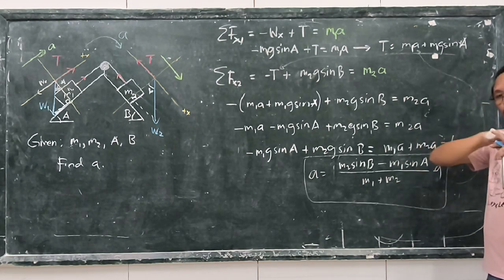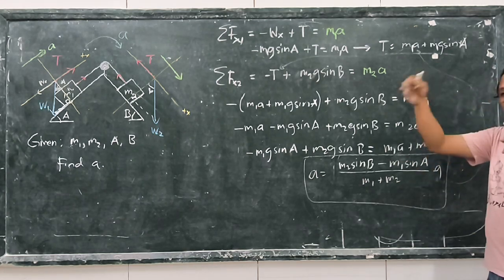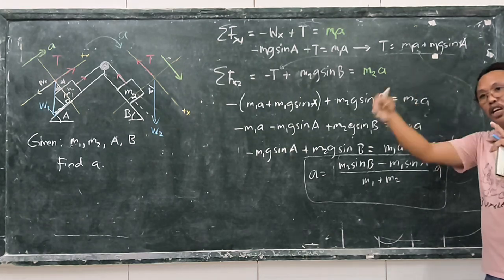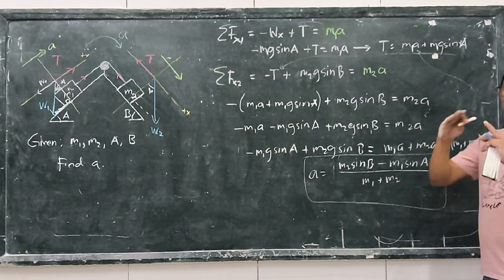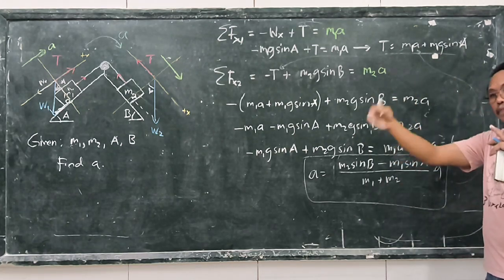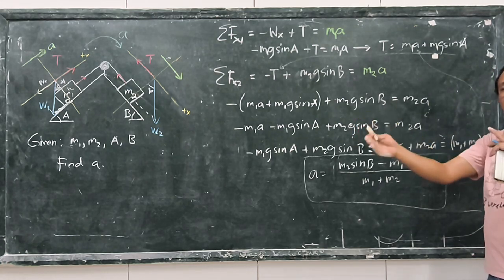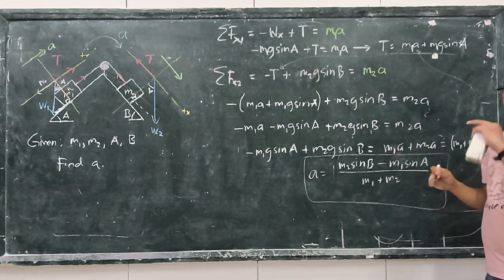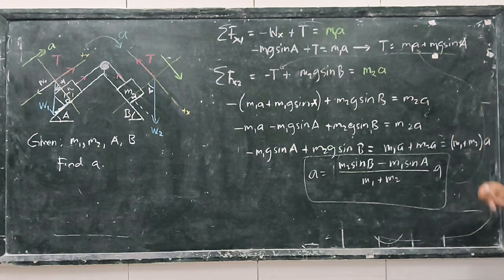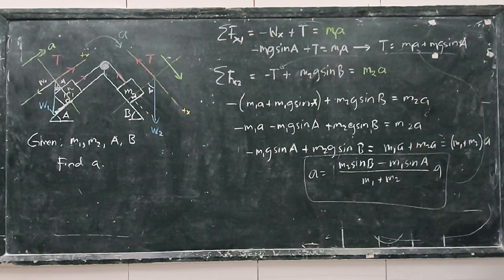But if this is our assumed and we get a negative number, then the true acceleration is going on the other side. Similarly, if we get a negative number, then it's on the opposite direction.